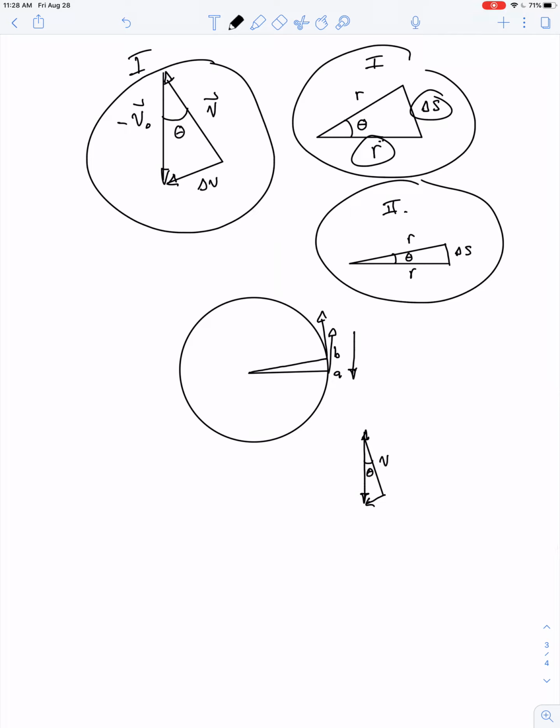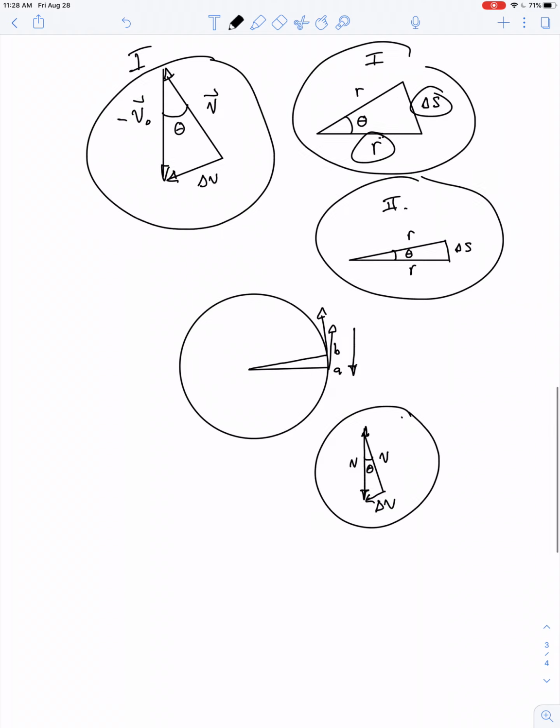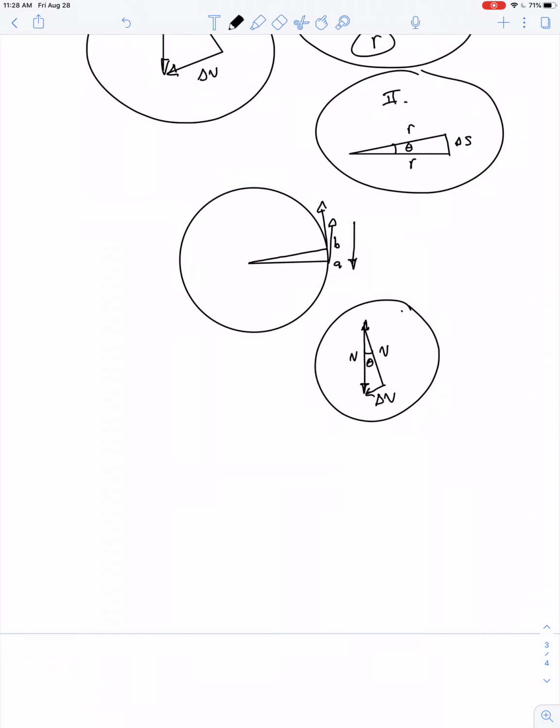And so the difference between v and delta v follows the same ratio. Here's what I'm trying to suggest: the ratio of delta s over r is the same as the ratio of delta v over v.